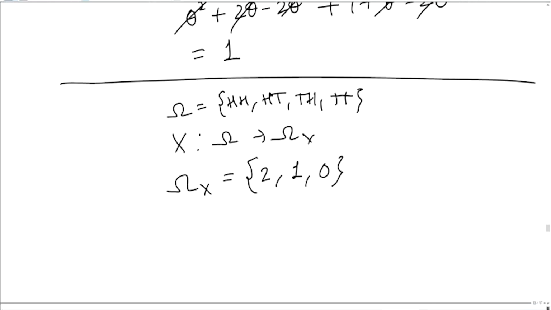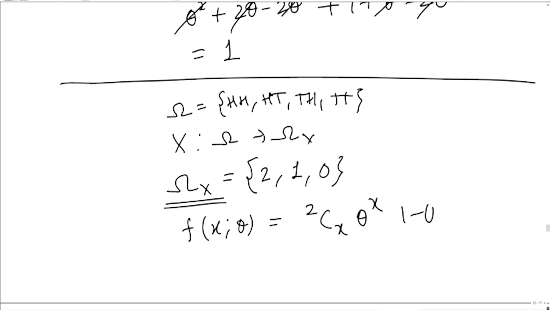It counts the number of heads in the outcomes in omega, right, and you can think of the mapping. This maps to 2, this maps to 1, this maps to 1, this maps to 0. Now, we define a probability assigner function on this new space omega x. And what probability assigner function have we defined? It is 2 choose x, theta to the power x, 1 minus theta to the power 2 minus x.